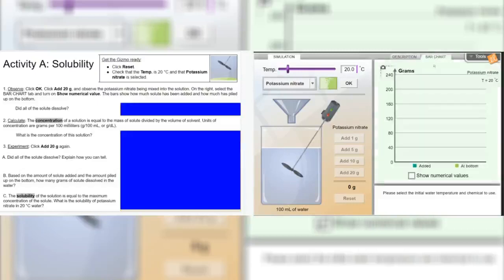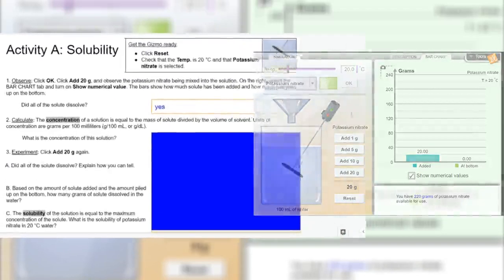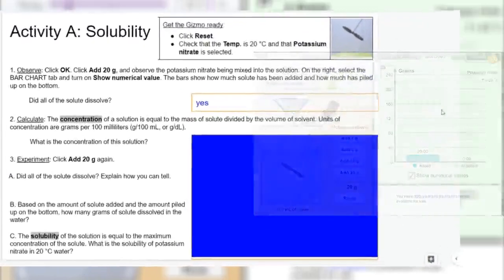And then we selected the bar chart and turned on showing numerical value. So we added 20 grams of potassium nitrate. Did all of it dissolve? Yes, it did.